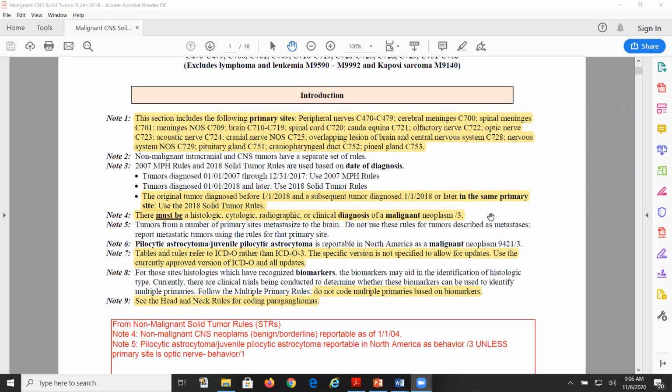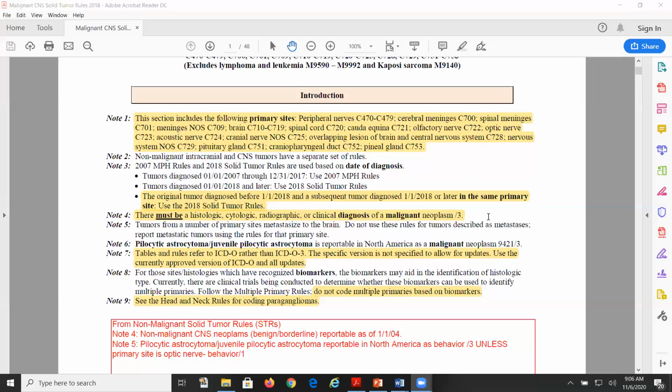Okay, now for using these rules, the malignant CNS tumors, you must have a histologic, cytologic, radiographic, or clinical diagnosis of a malignant neoplasm, behavior of 3.